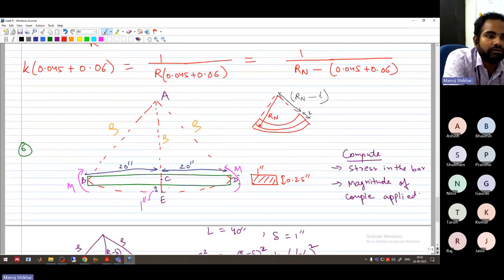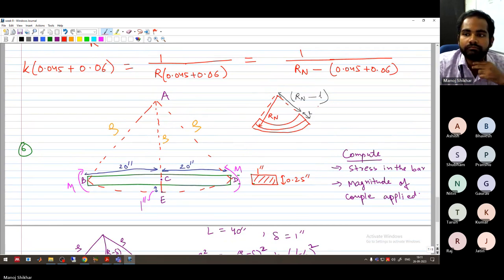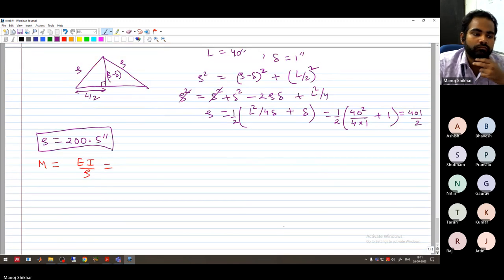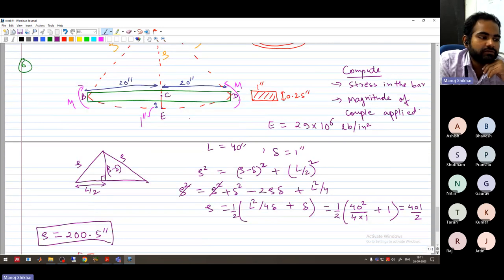In the question, it is given in GPa. So if you convert it, you will get the value I have written here.